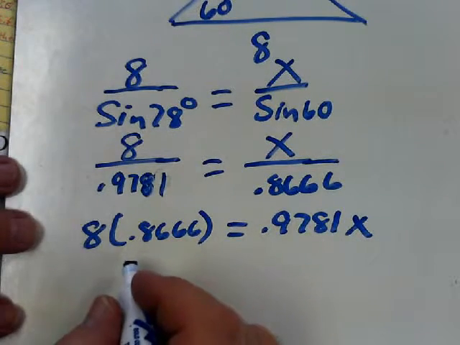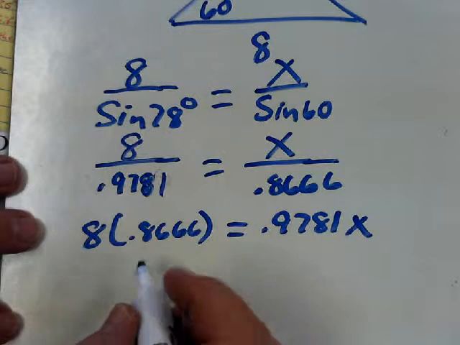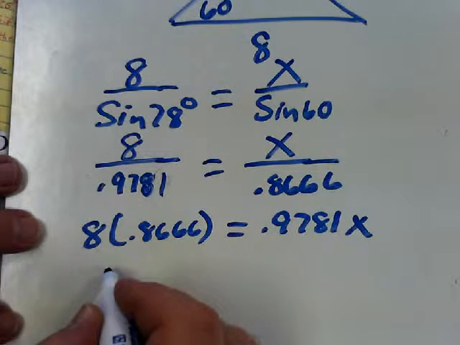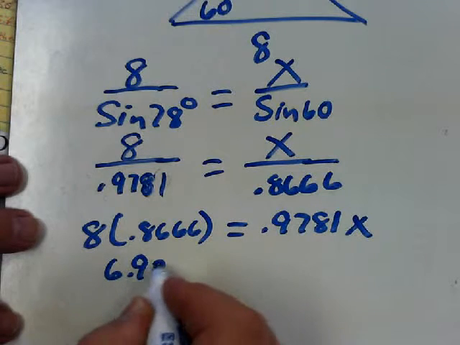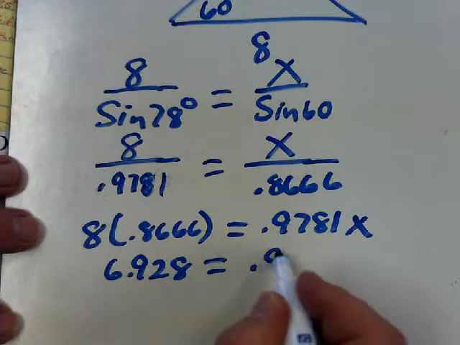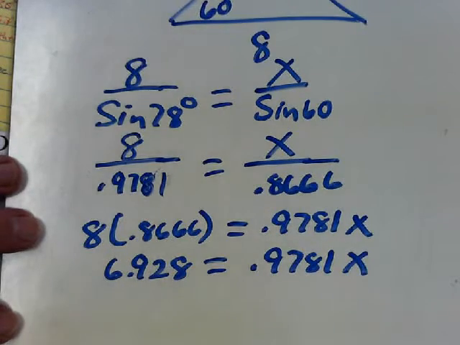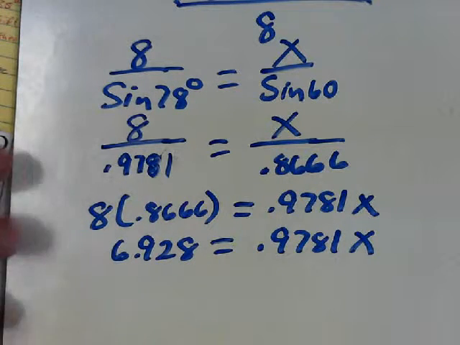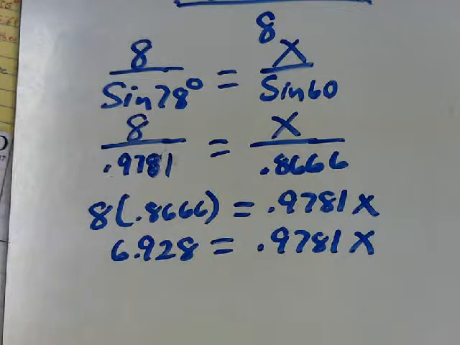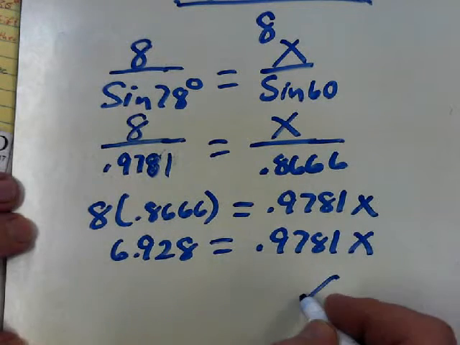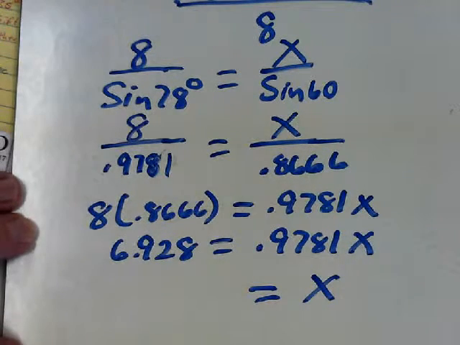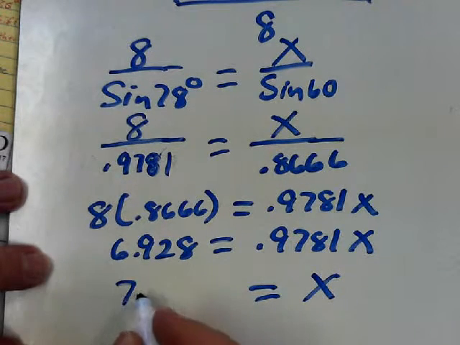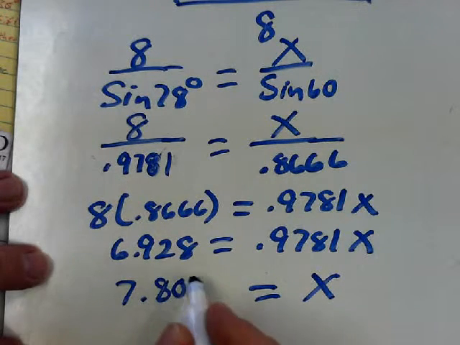So 6.928 equals 0.9781x. Are we okay with that? How do I find x then? 7.083.